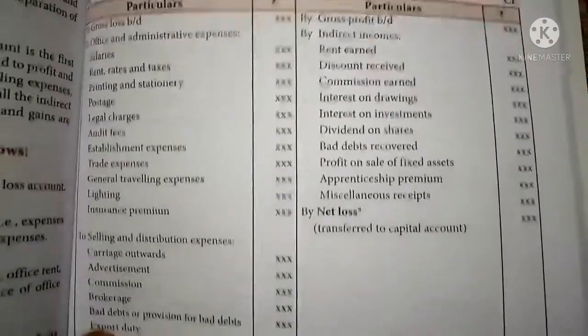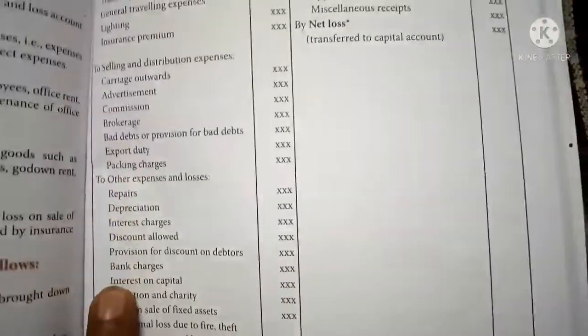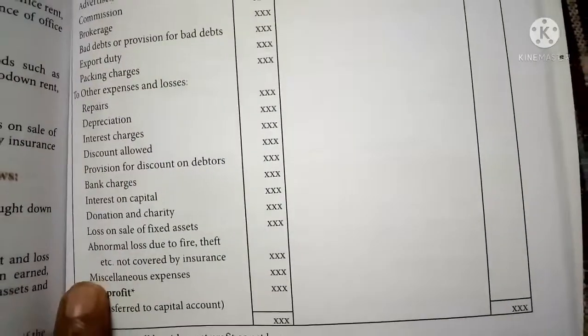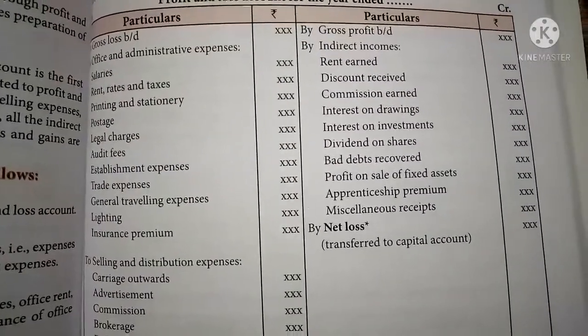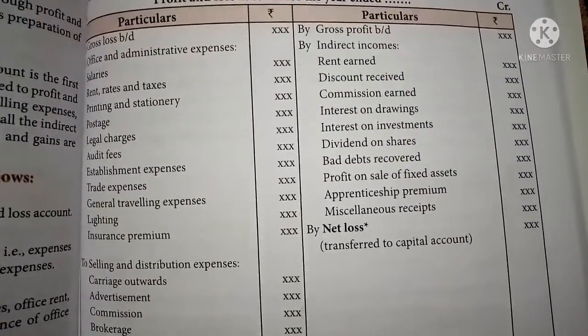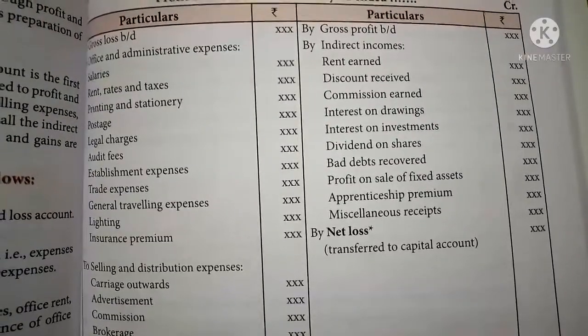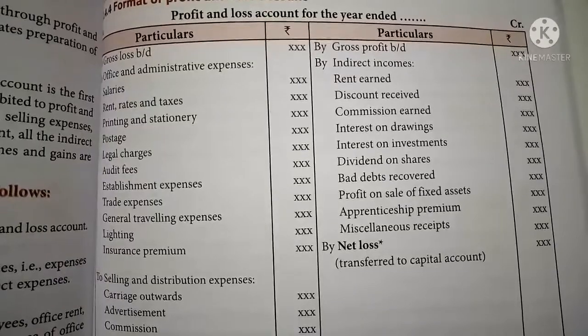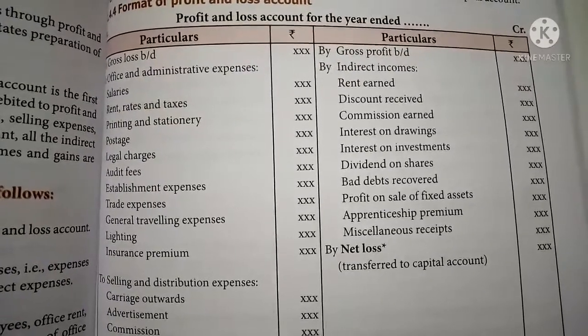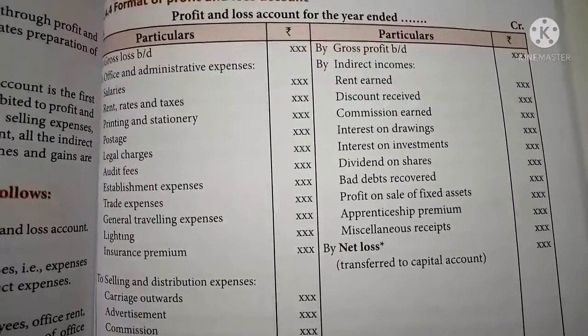Go through all the items in this profit and loss account. After going through this format thoroughly, you will be able to work out the problems relating to profit and loss account. So today in this video lesson we discuss how to prepare the profit and loss account.